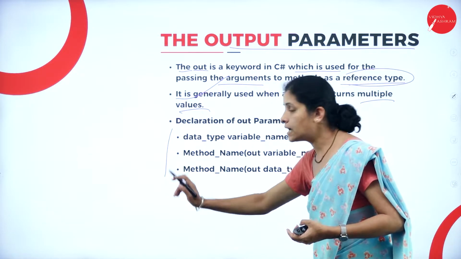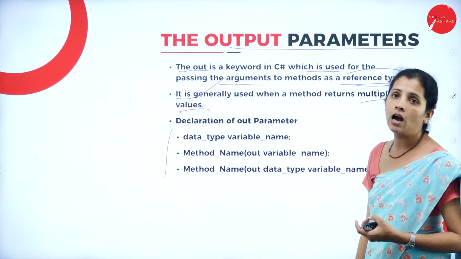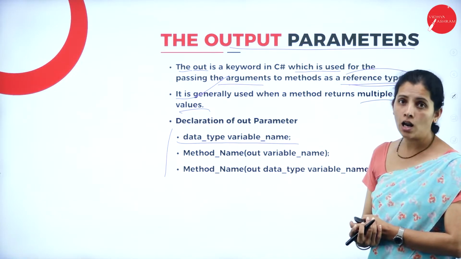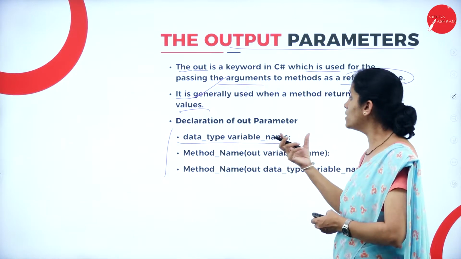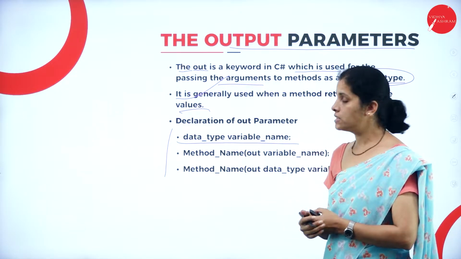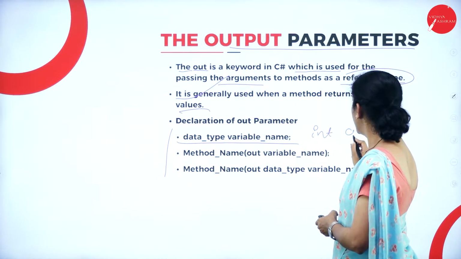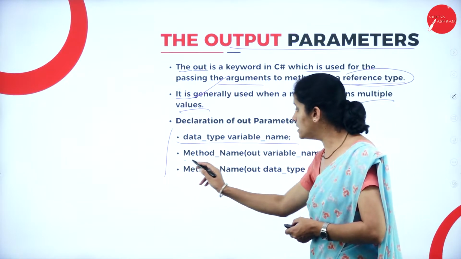This is the syntax I want to follow while defining output parameters. What is my first statement always? That is data type along with the variable name. For example, I'll write int a. Now what is my next statement? Method name.